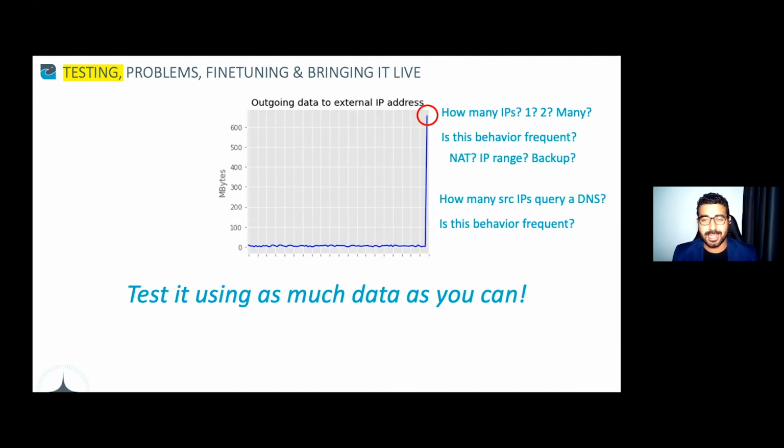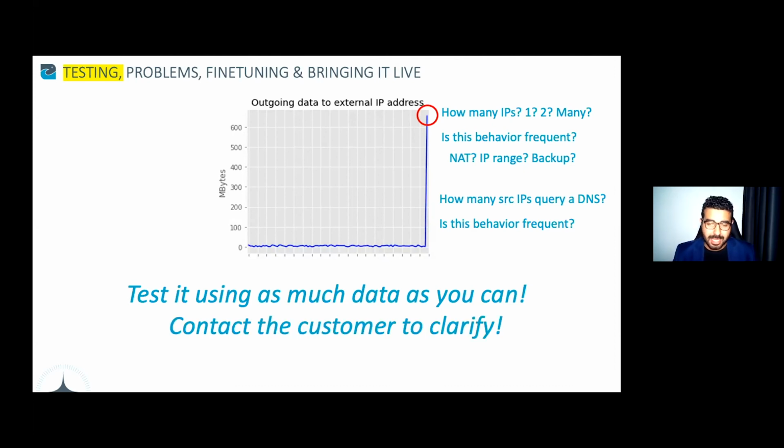Give me the data and let's contact the customer to clarify, to fine-tune your algorithm, to add which IP should be removed or which IP should be included. We cannot use blacklist, whitelist anymore, but okay, remove or include, to be more precise. And then after you create this list, you can bring your algorithm live.